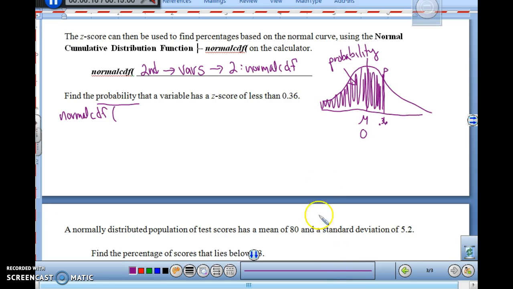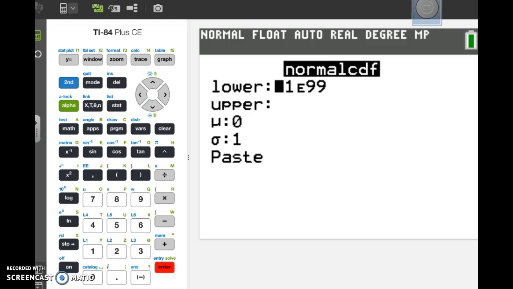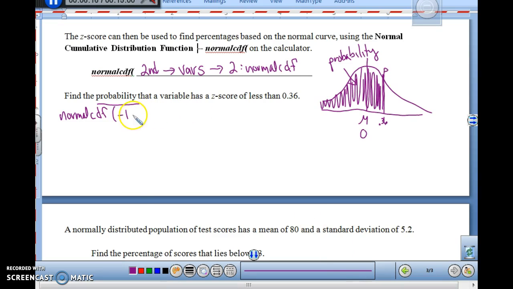You just need to pick a big number on the negative side, because 0 is the mean. Any negative number that would cover it works, so that would be your lower, negative 1E99. We'll just leave that one in there. That's a really small number.